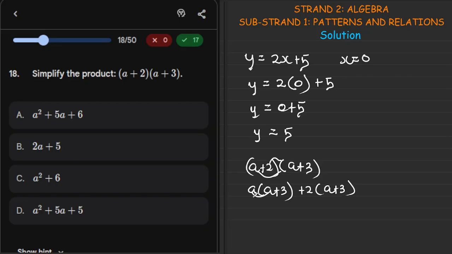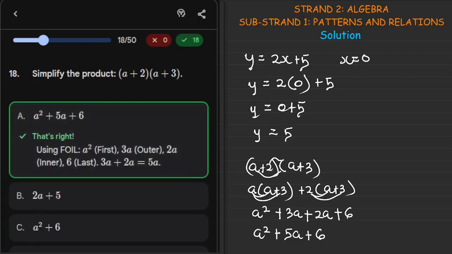Applying the distributive property again, we have a times a, which gives us a squared. Then a times 3, which gives us a positive 3a. Then 2 times a, which also gives us 2a. Then 2 times 3, which gives us a positive 6. Simplifying, we have a squared, then 3a plus 2a gives us a positive 5a, and then plus our 6, which is A.